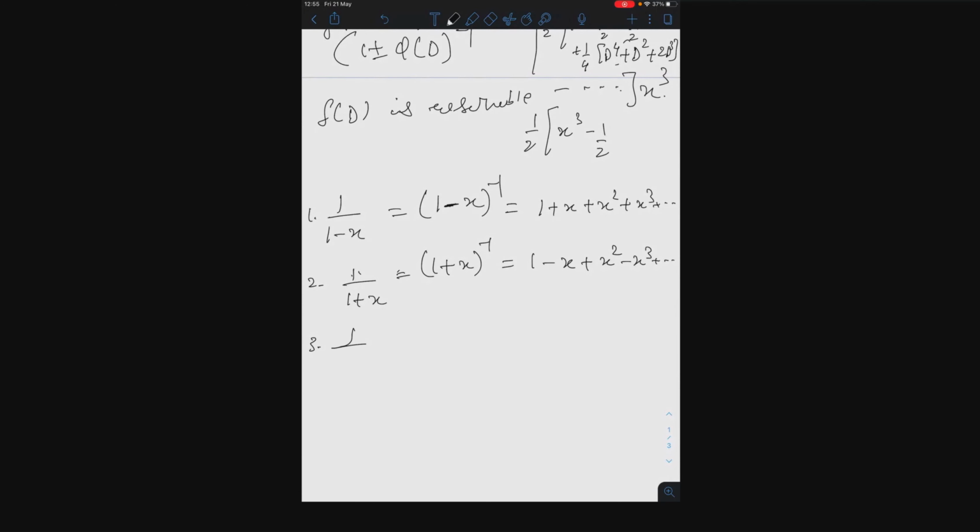Okay, so you may have 1 by 1 minus x whole square. This can also happen depending upon the question. So this will be 1 minus x whole to the power minus 2. What will be its expansion? Tell me. 1 plus 2x plus 3x square plus 4x cube and so on.